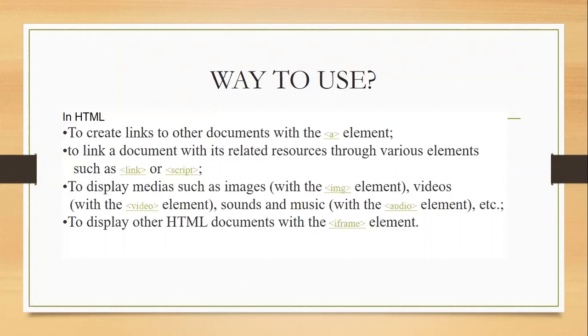To link a document with its related resources through various elements such as link or script. It means after the web page, if you want to merge any data or fetch any data, then you can use the script tag or a link tag.